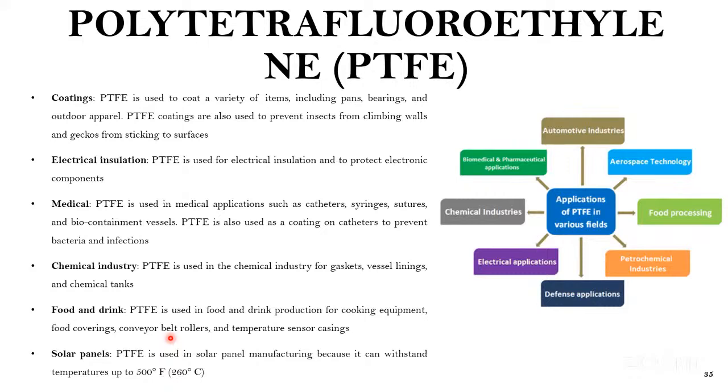Because we know PTFE can withstand temperatures of 260 degrees outdoors, and up to 350 also. PTFE is not going to be affected. So due to that property, we use it in solar panels to increase their lifetime.